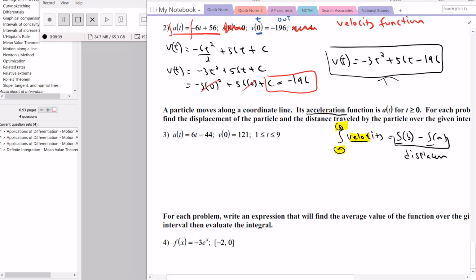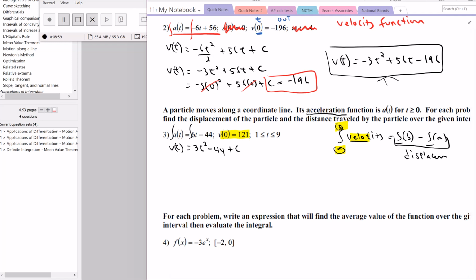I'm not given a velocity in this. I'm given an acceleration, so we first need to find the velocity function, which means integrate it. So that's going to be 6t squared over 2, which is 3t squared, minus 44t, plus c. And then we're going to use our initial condition again to find the value of c.